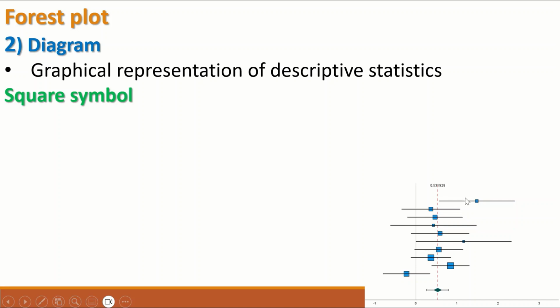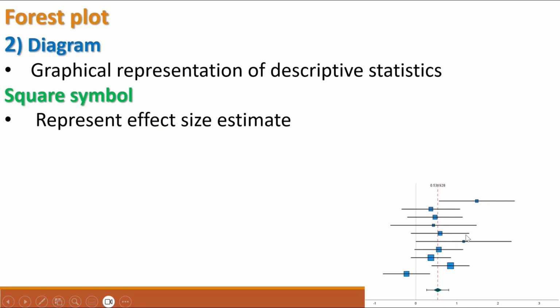The blue color-coded squares are the effect size estimates, and there are different sizes of these squares, which is a reflection of the sample size. Larger sample size will have a larger square, and a smaller study with a smaller number of participants will have a smaller square size.